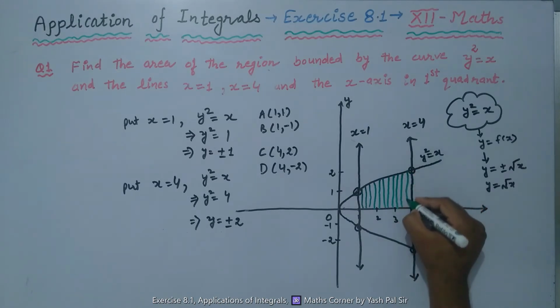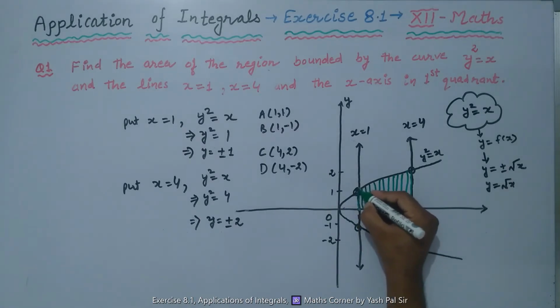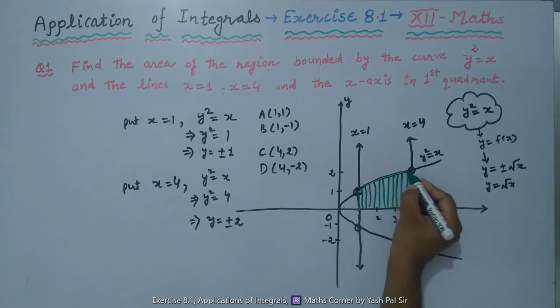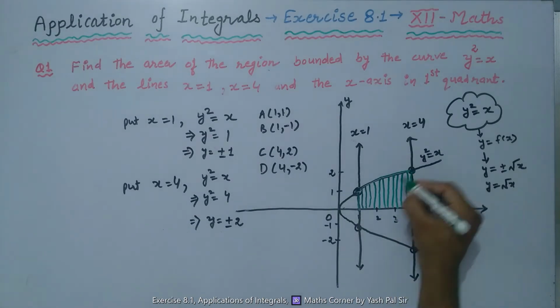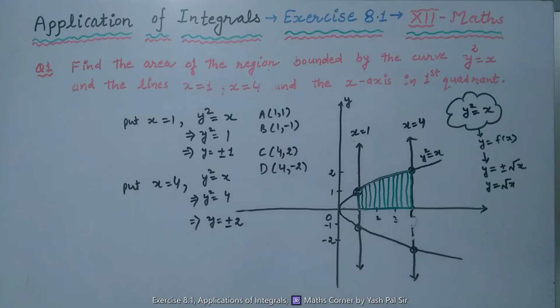We have to shade each and every part. So this way, starting from this is the starting point, this is the ending point. So this is the area here we are going to find out, right?